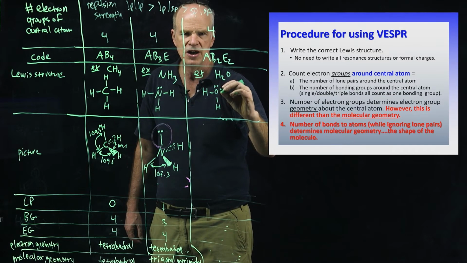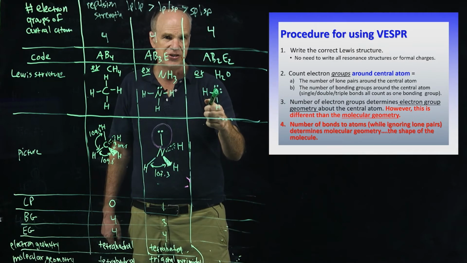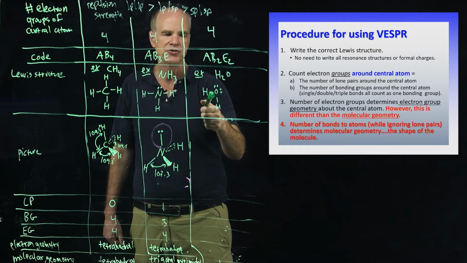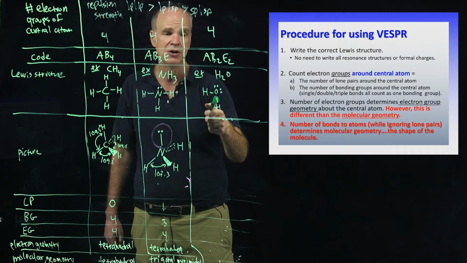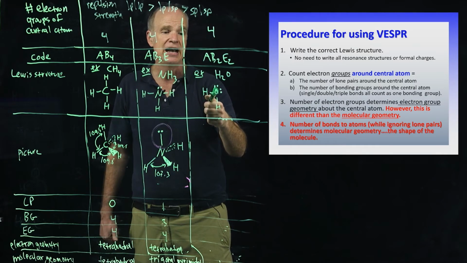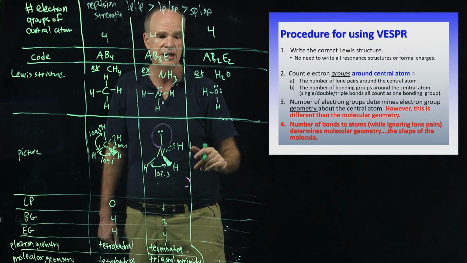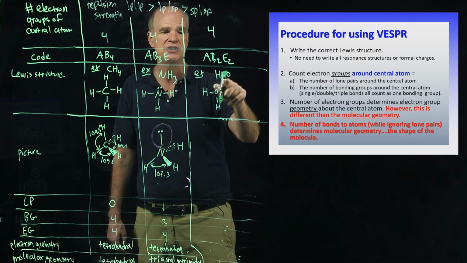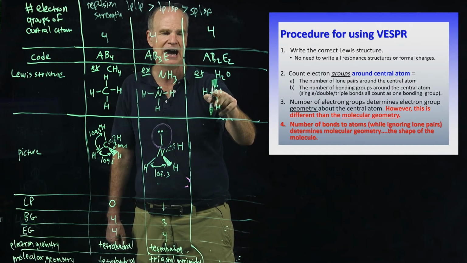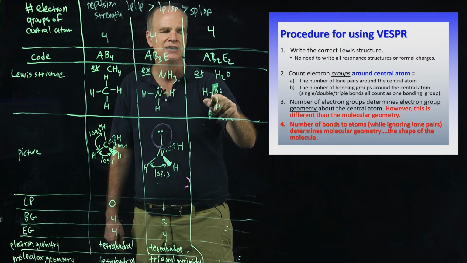What I want you to notice is that the central atom oxygen has 2 bonding groups because there are 2 single bonds here. It has 2 lone pairs, and so the total of electron groups is going to be 4. Now you can see why it's called AB2E2, because the central atom oxygen, which is A, has 2 peripheral atoms, B2, and then there are 2 lone pairs, E2.